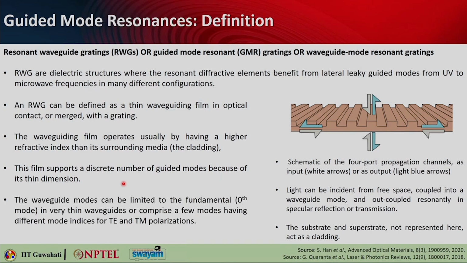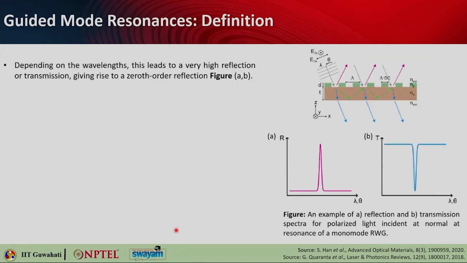So, a finite number of modes are allowed, and the waveguide modes can be limited to the fundamental mode, that is the 0th order mode, if it is very thin, or it can go up to a few modes if it is slightly thicker, and for TE and TM polarization you can have different mode indices.